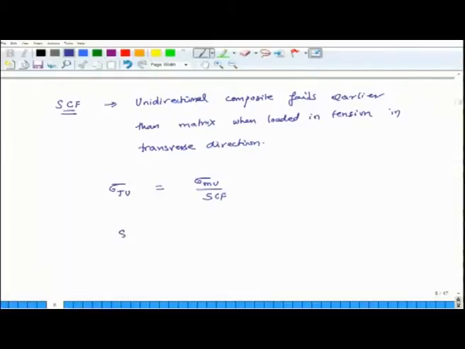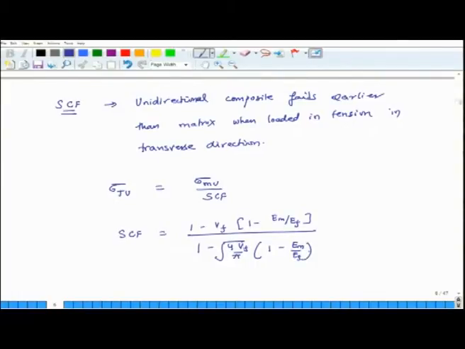So, that is stress concentration factor equals 1 minus Vf divided by 1 minus Em over Ef divided by 1 minus 4 Vf over pi times 1 minus Em over Ef.